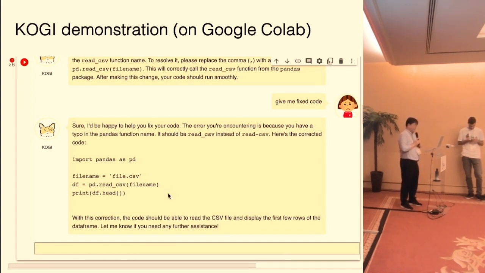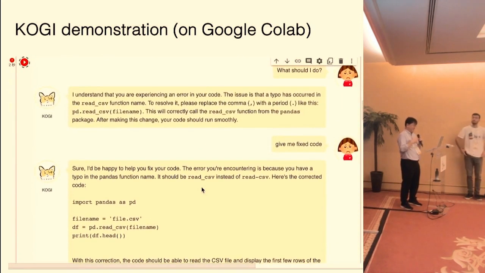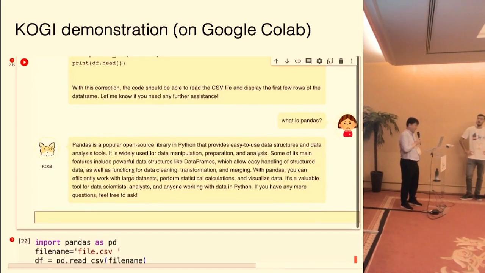In addition, KOGI accepts any kind of request for programming. Here's a demonstration of a student asking what a panda is. So she asked what a panda is, and KOGI can answer that request in the context of their programming.